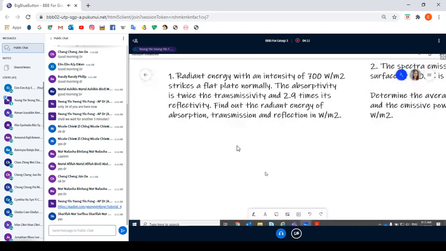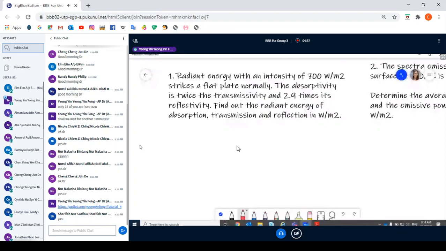This kind of question is actually quite easy, students. You still remember we have the radiation property when there is radiant energy striking a surface. You can draw the sketch of the diagram, or you can straight away do the calculation.